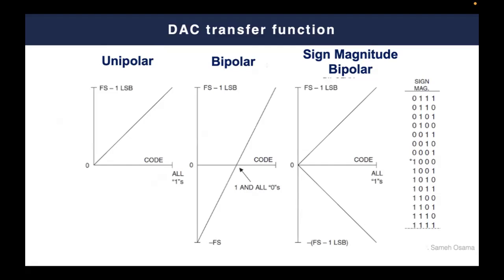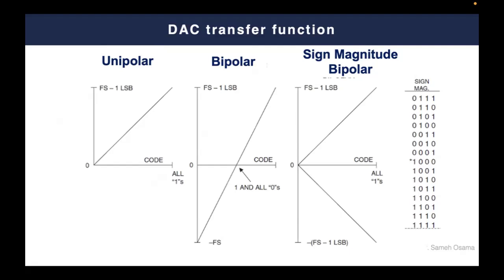I mean, full scale minus 1 least significant bit, not minus 1. But for the bipolar, which you can find in the middle graph, there are two types. We can have a standard bipolar with a variation from negative full scale to positive full scale minus LSB, or we can have what we call a sign magnitude bipolar.